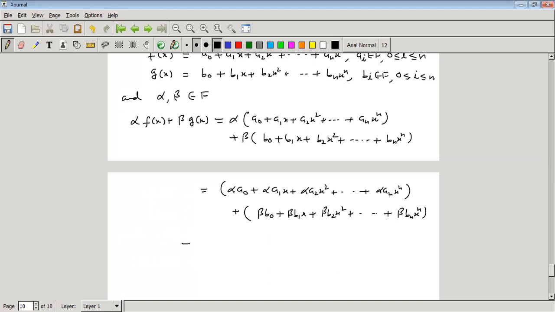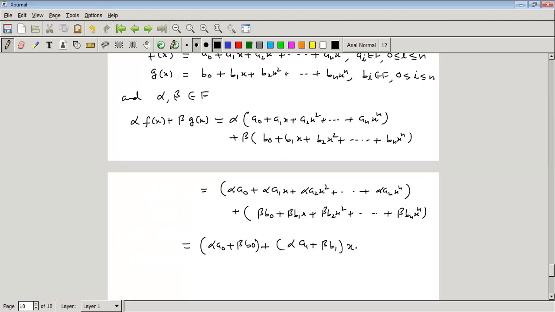and we get alpha a0 plus beta b0, then we can add alpha a0 plus beta b0 plus alpha a1 plus beta b1.